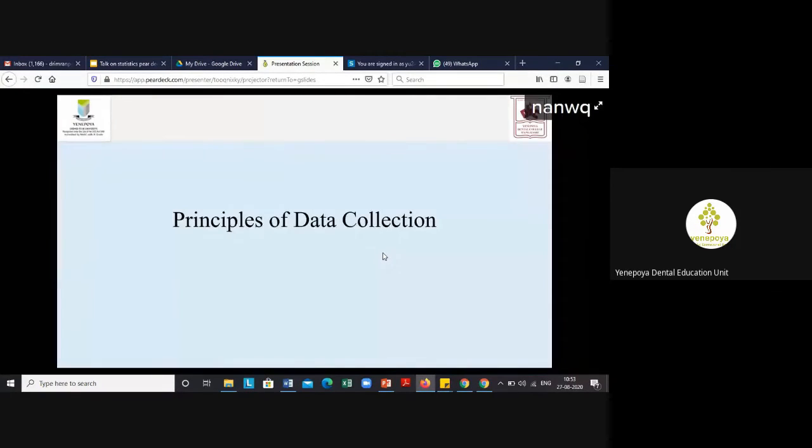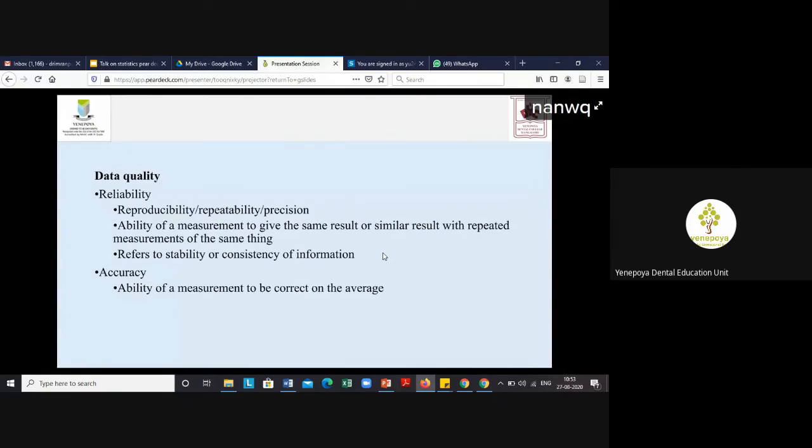I'll do it faster. What principles you have to take care of when you're doing the data collection is very important. This will make life easier for you. What you have to do is data quality, what is reliability and accuracy.